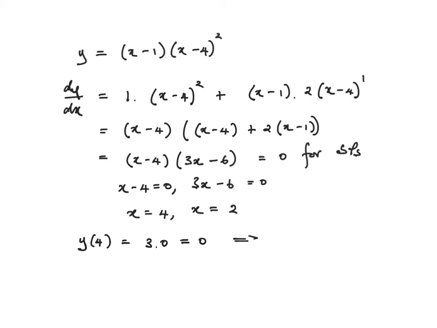That means we have a stationary point at (4, 0). y of 2, so that's 2 take away 1, which is 1. 2 take away 4 is minus 2. That minus 2 is squared, that gives us 4. So we have a second stationary point at (2, 4).